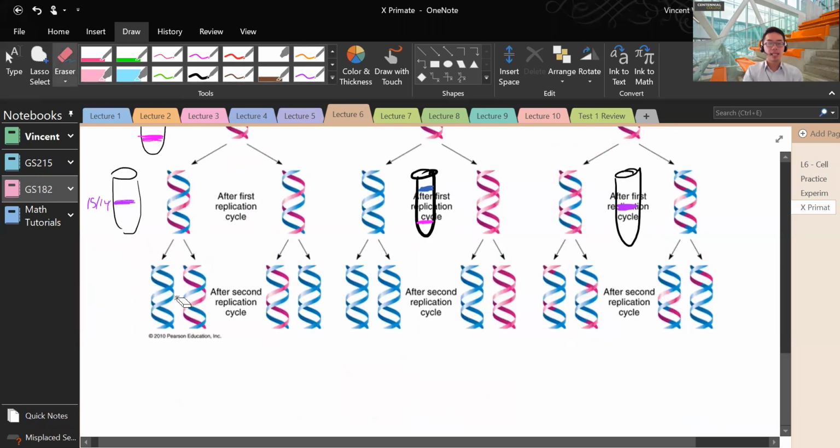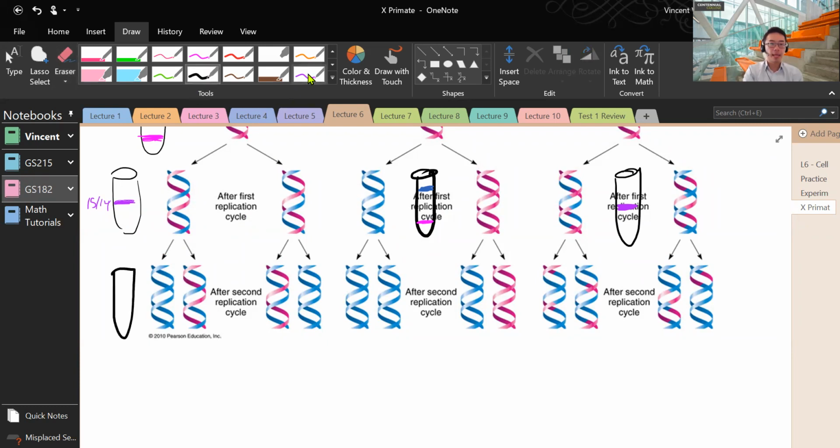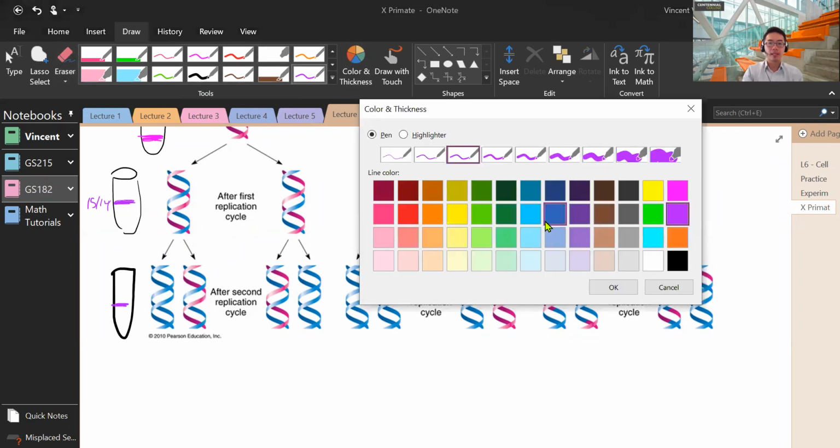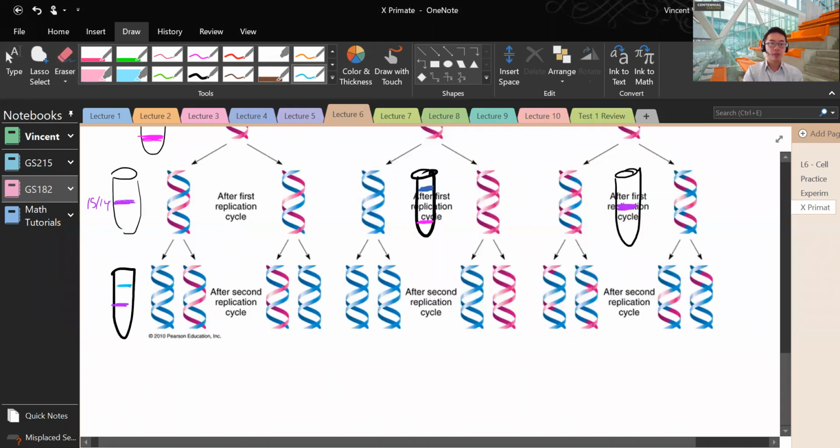And when they do it a second time, following the semi-conservative model, you would take away the blue part, and then you would grow another entirely new blue strand, and then the pink one would get another blue strand. So over here, you're going to get a middle band that represents this DNA, and then you're going to get a blue band at the top that represents the lighter one.